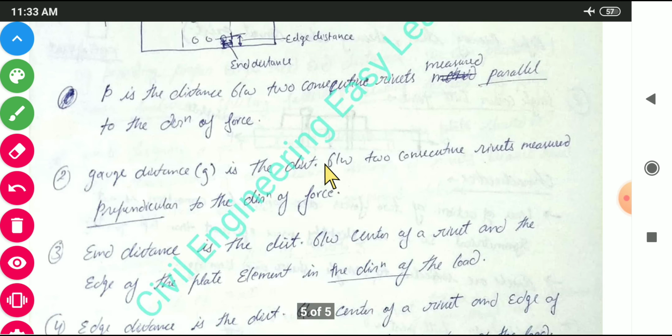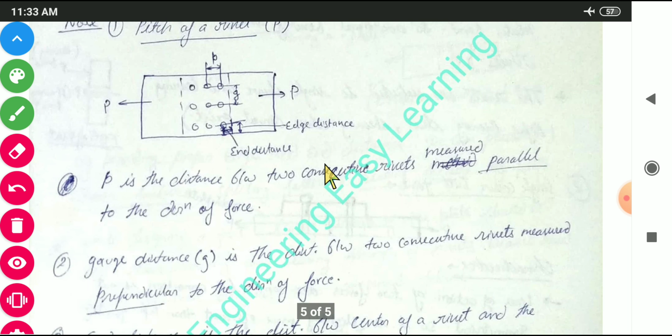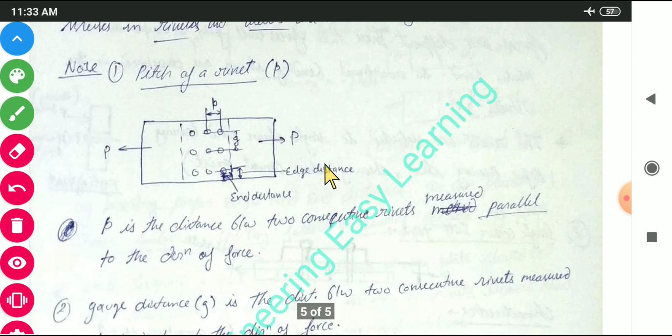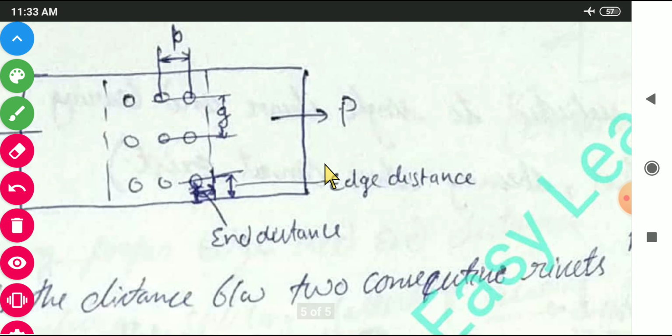In the diagram you can see end distance. This will be the end distance from center of rivet to the edge of the plate in the direction of force. And edge distance, this one, is from center of the rivet to the edge of the plate, but in the perpendicular direction to the load.